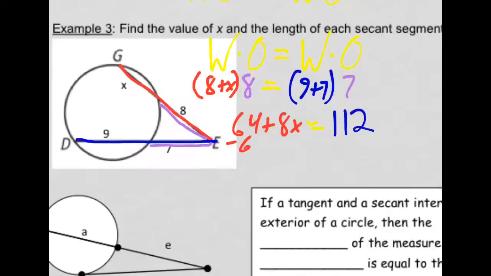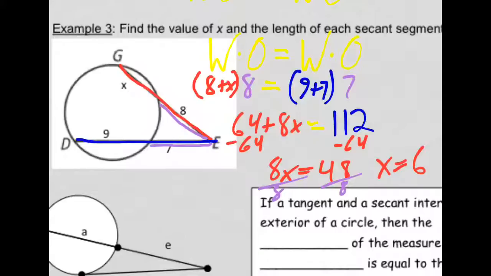I'm going to subtract 64 from both sides to get that x alone. I have 8x equals, what is that? 48. Divide both sides by 8, and I get x equals 6.